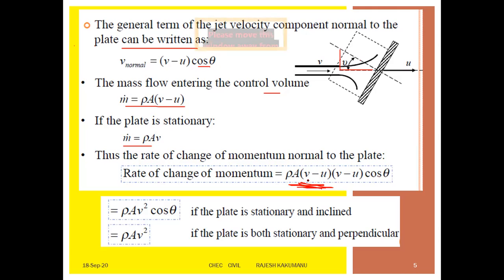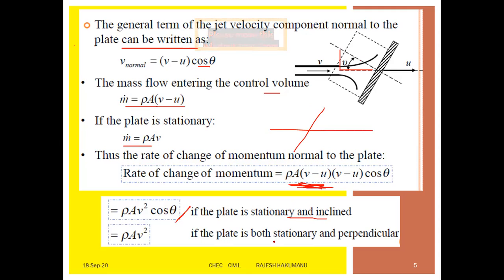After simplifying this, we get rho A V square minus V square cos theta, if the plate is stationary and inclined. So when the plate is stationary and making an incline to the normal, the rate of change of momentum is equal to rho A V square cos theta.